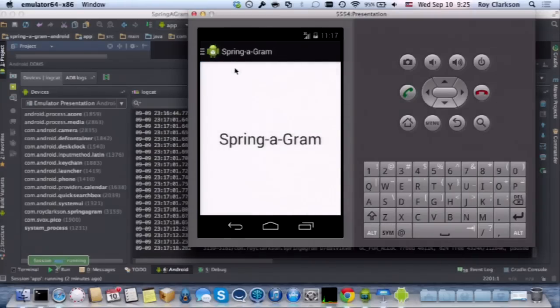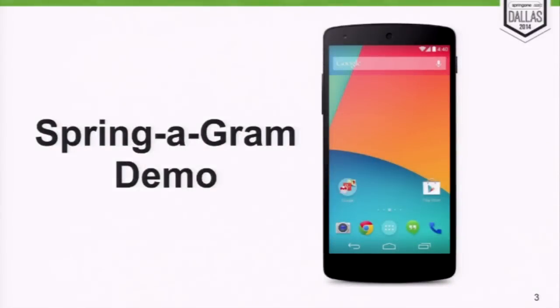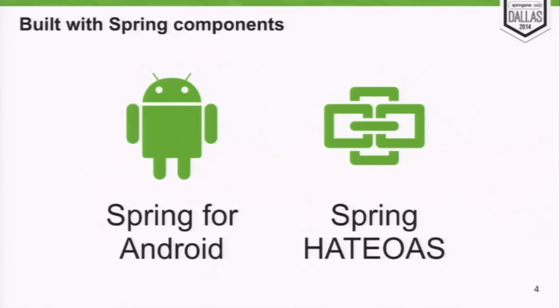So let's go back to the slides. That's pretty much the bulk of the functionality there. And let's take a step back. For those of you not familiar with the Spring for Android project, I wanted to just talk about a few things related to that project.